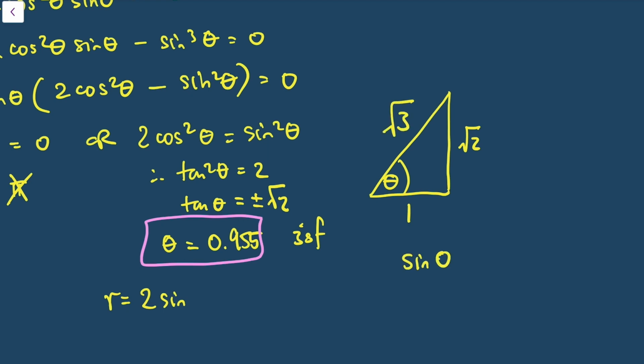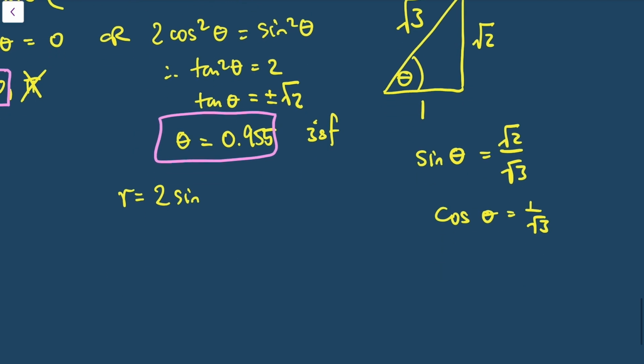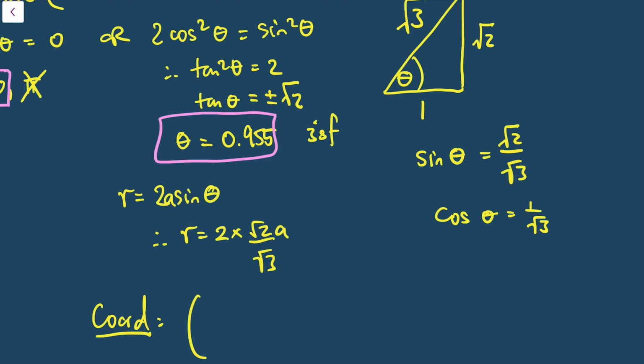And so therefore sine theta is equal to root 2 over root 3, and cos theta would be equal to 1 over root 3. So here I can say r is equal to 2 sine theta, so therefore r equals 2 times root 2 over root 3. And so the point of contact will be 2 root 2 a over root 3 and 0.955.